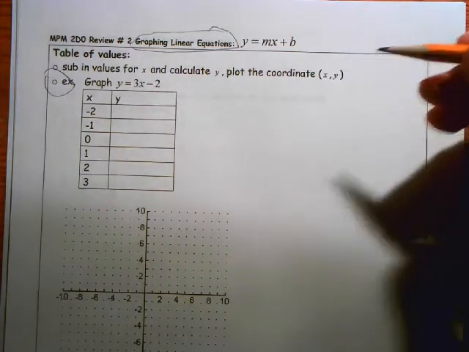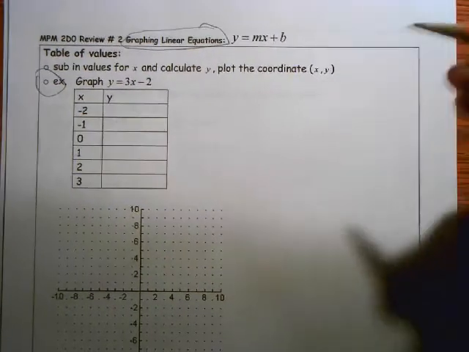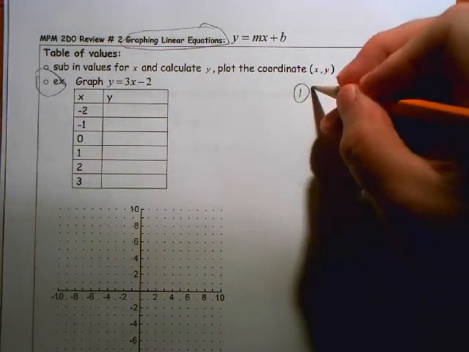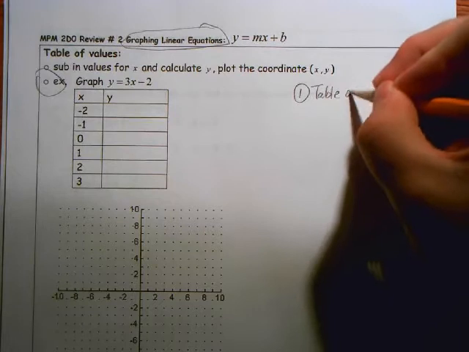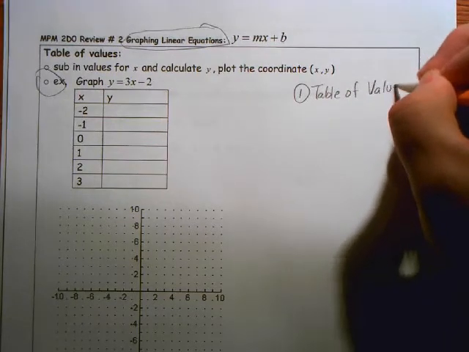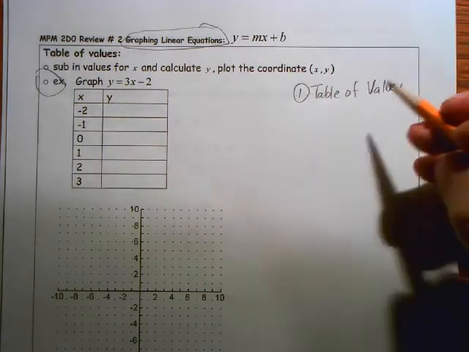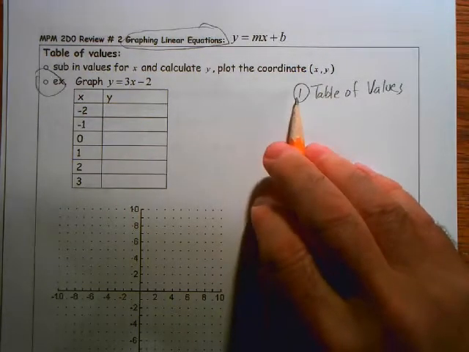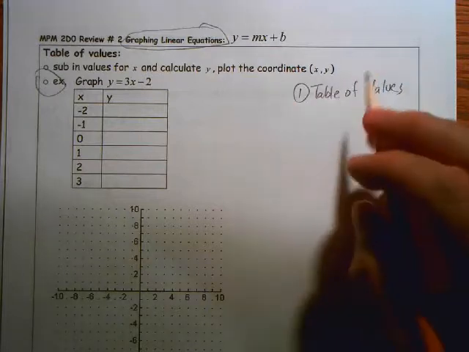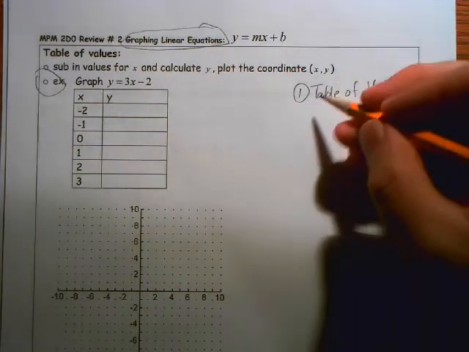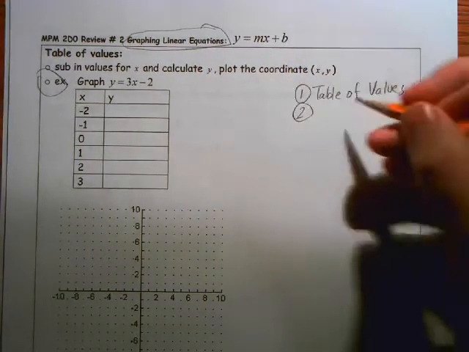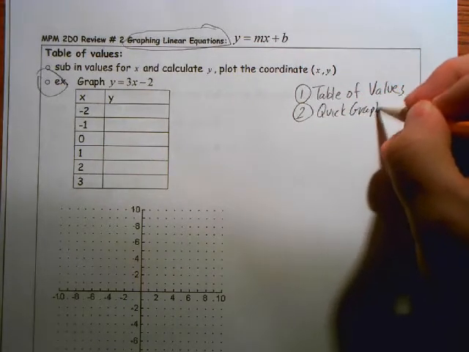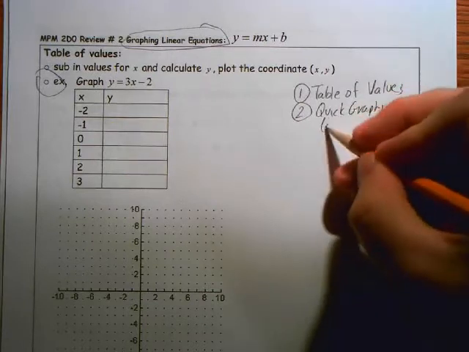Just as a recap, and I'll explain each of these in detail, there are 3 ways of graphing a linear equation. One is a table of values. Now when I was growing up, that was pretty much all we did. But there's a couple other methods. One, which I think is the most important, and in this review they call quick graphing, basically just uses the slope and y-intercept.